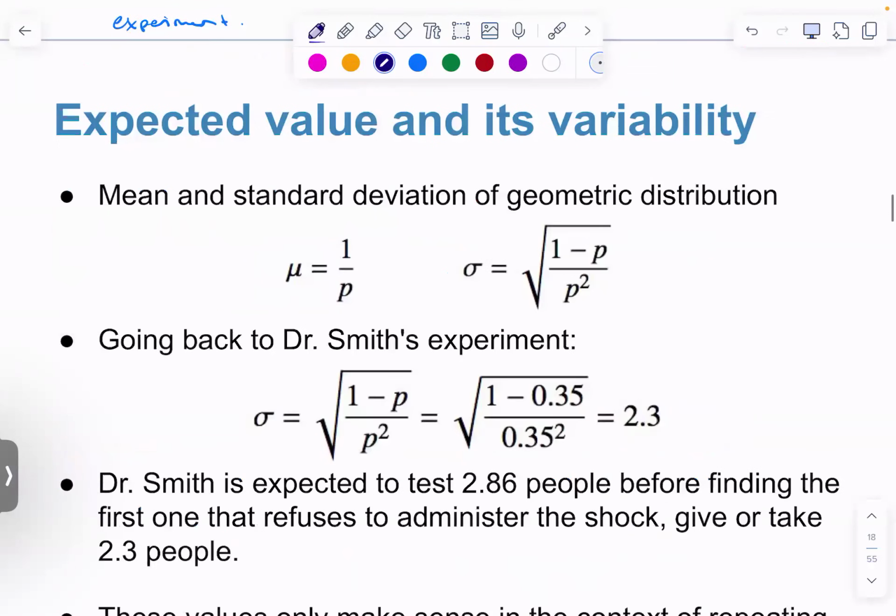There's variability as well for your geometric distribution. These aren't on your formula sheet because I'm not going to ask you questions about it, but it's nice to see that we can calculate the mean and the standard deviation. The standard deviation only uses p, where p is the probability of success.